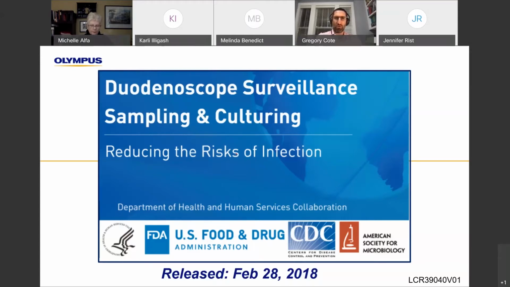Realistically, in order for a culturing program to reduce the risk of a duodenoscope or any endoscope associated infection, you would have to culture every scope after every use to confirm that it is not contaminated with a high-risk organism, and therefore safe to use on the next patient. And that's just completely impractical.